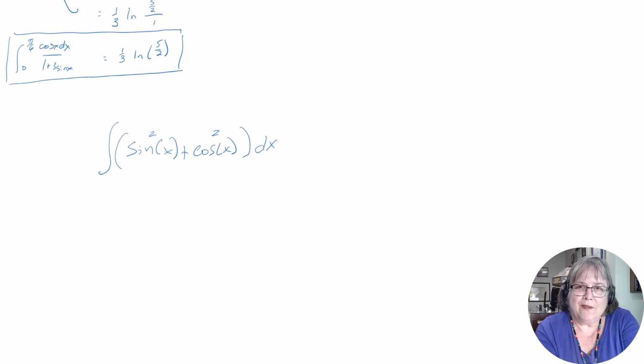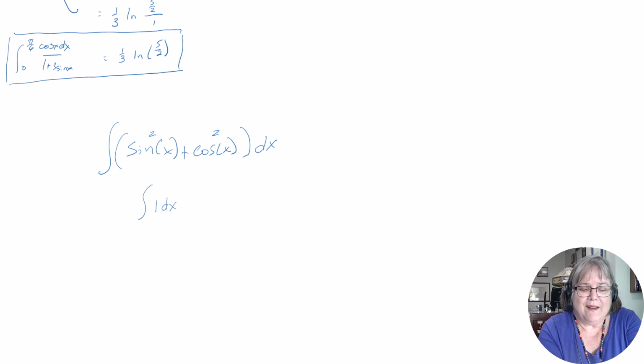Before you get crazy and try to do all sorts of stuff, like which one's u and du, doesn't sine squared x plus cosine squared x look kind of familiar to you from trig? This is usually the one that people hang on to the longest, I think, because it's kind of cute. Well, sine squared x plus cosine squared x is actually just 1, right?